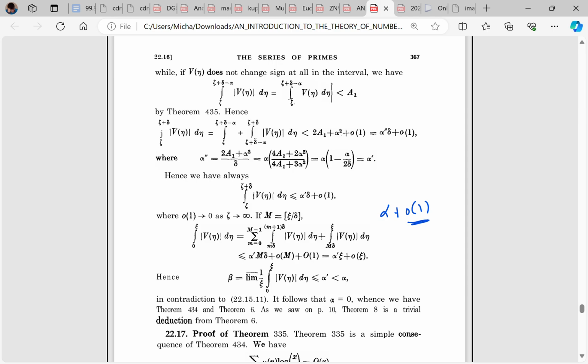So little o of 1 just goes with the little o of m.